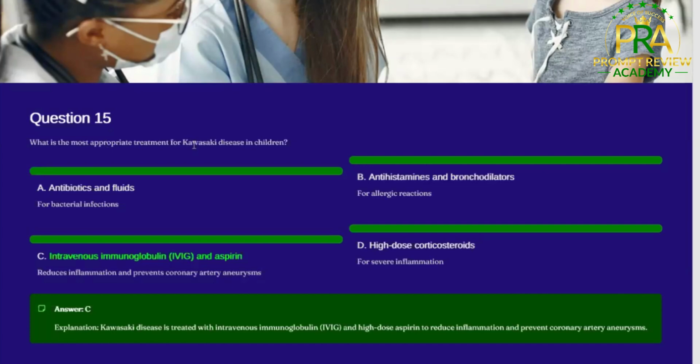We have talked about it. For Kawasaki disease, it is the only place we are allowed to give aspirin, and we also give intravenous immunoglobulin. It helps to reduce the inflammation and prevents coronary artery aneurysm.